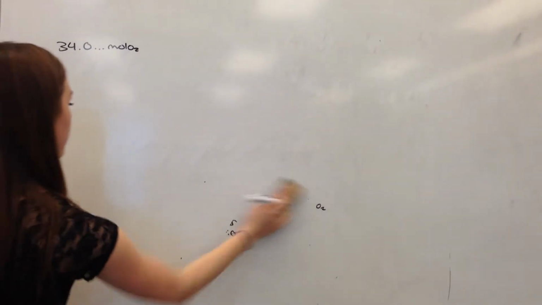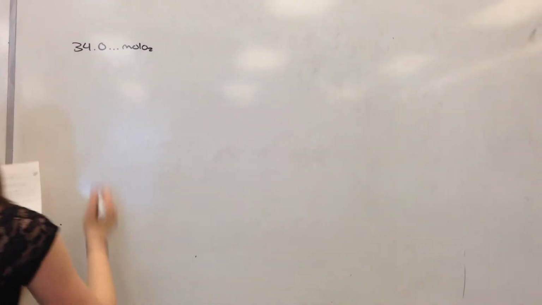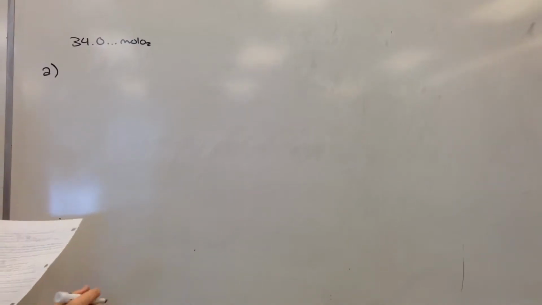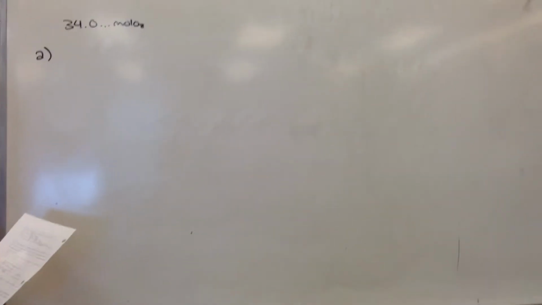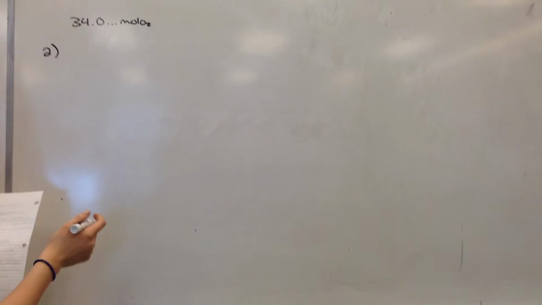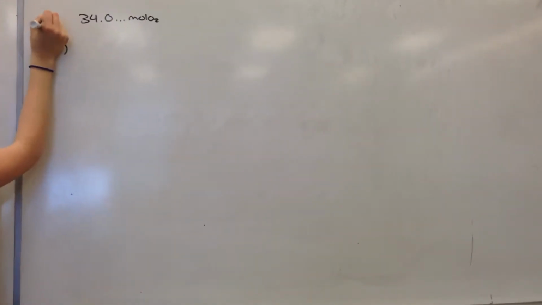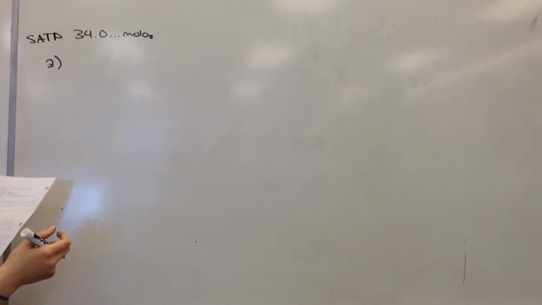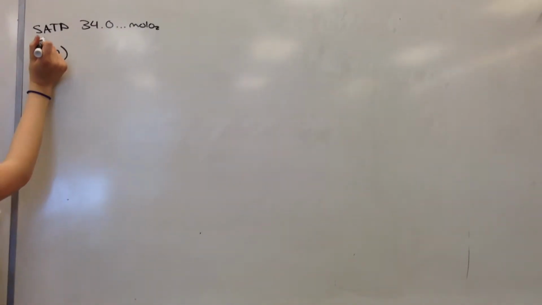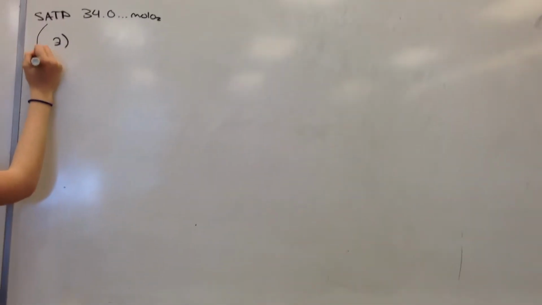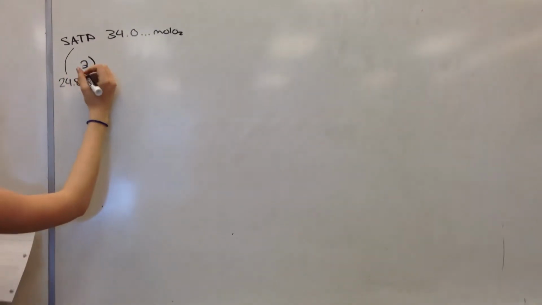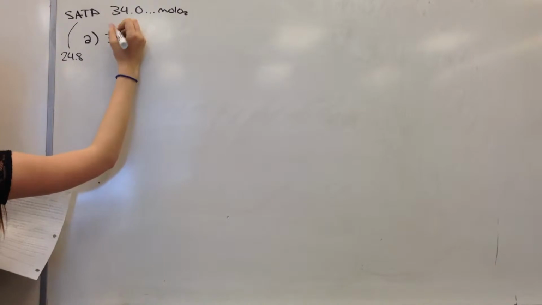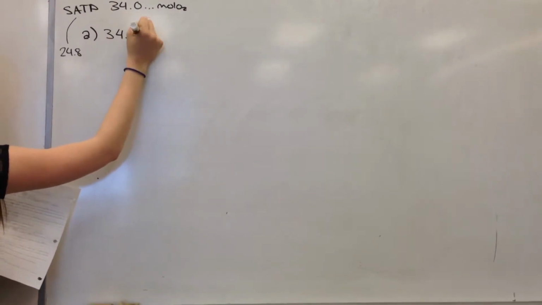So the first way to do this is really you can only use it when you have a specific set of conditions, which we do, which is SATP. So we know, since the molar volume of SATP is 24.8, we can use it for this question, because we need to find liters of oxygen.